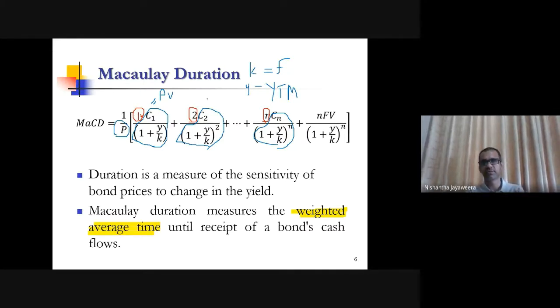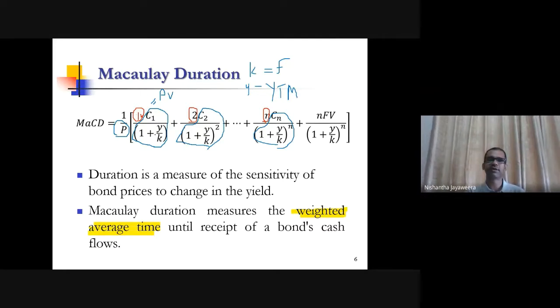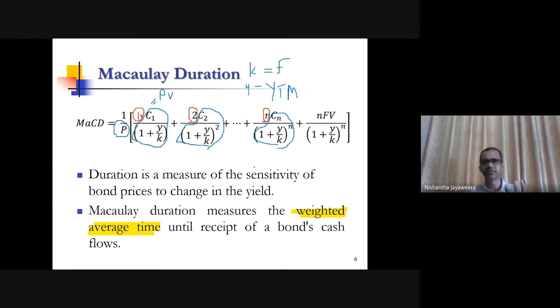So for all time periods, we have taken a weighted average: time multiplied by weight. Weight is the present value of the cash flow. So what we get is a weighted average time until we receive a bond's cash flows.